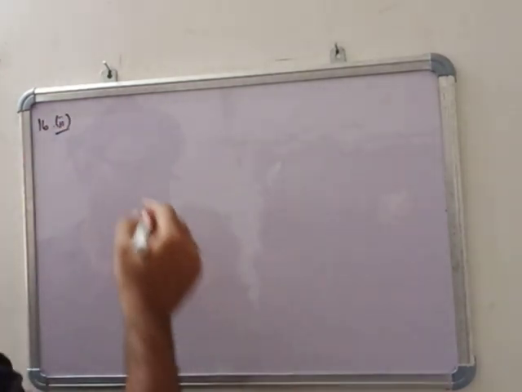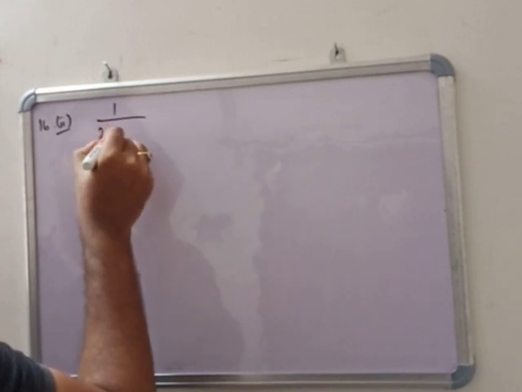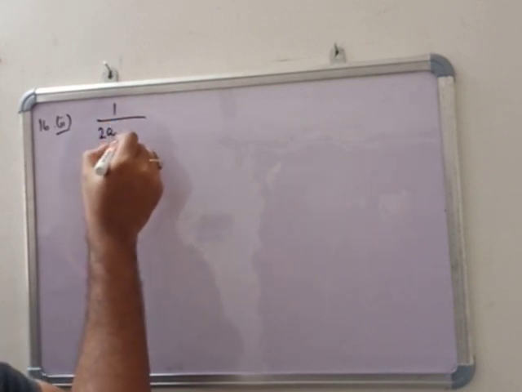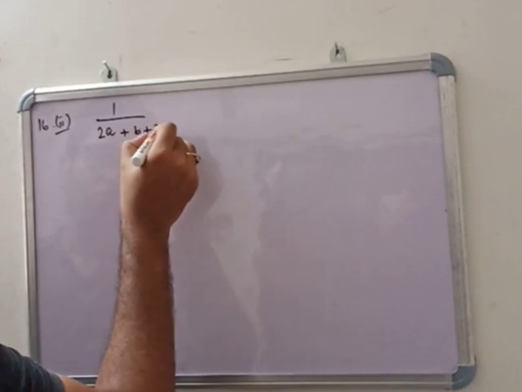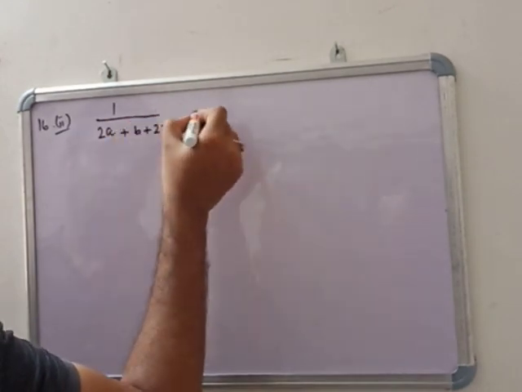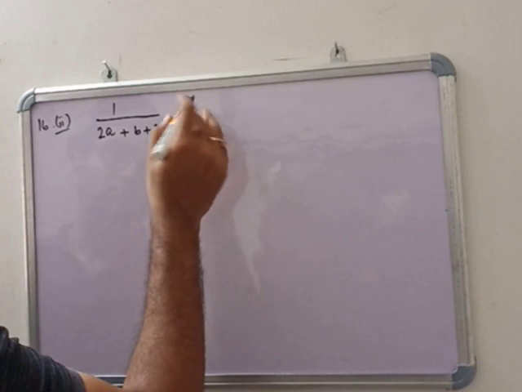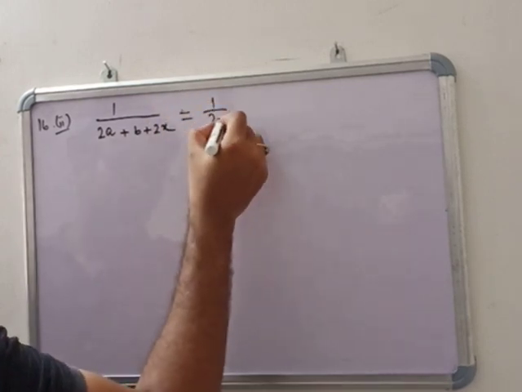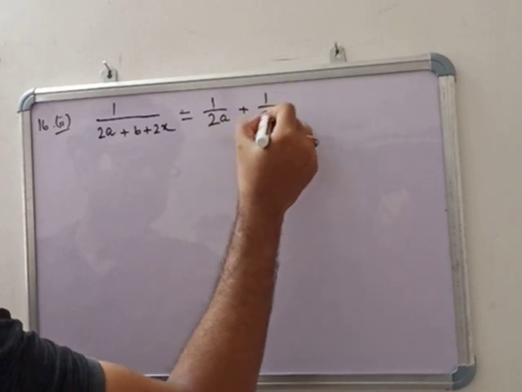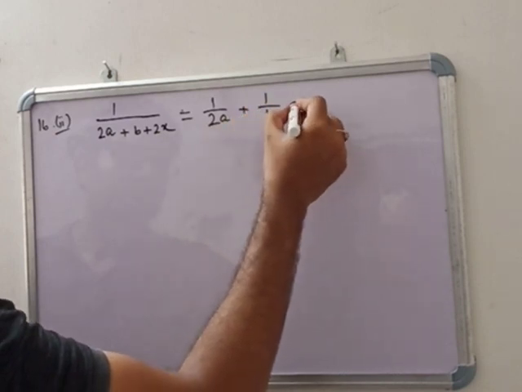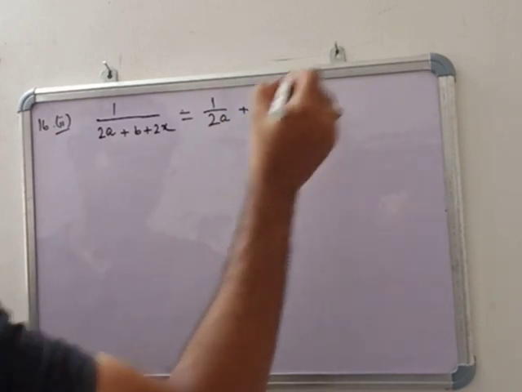Now 16.2, in 16.2, see that 1 and 2 are the same sum, one hint is there, so it is homework. So number 2: 1 by 2a plus b plus 2x equals 1 by 2a plus 1 by b plus 1 by 2x.